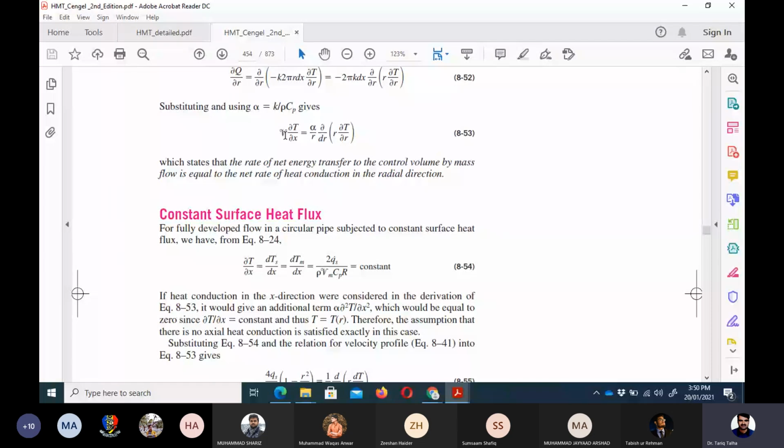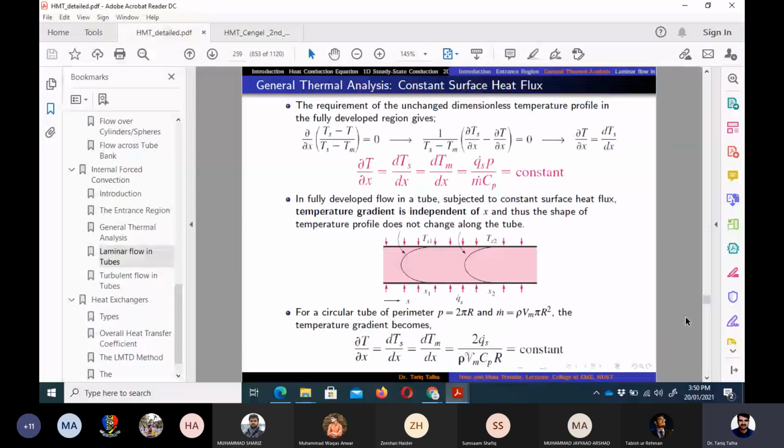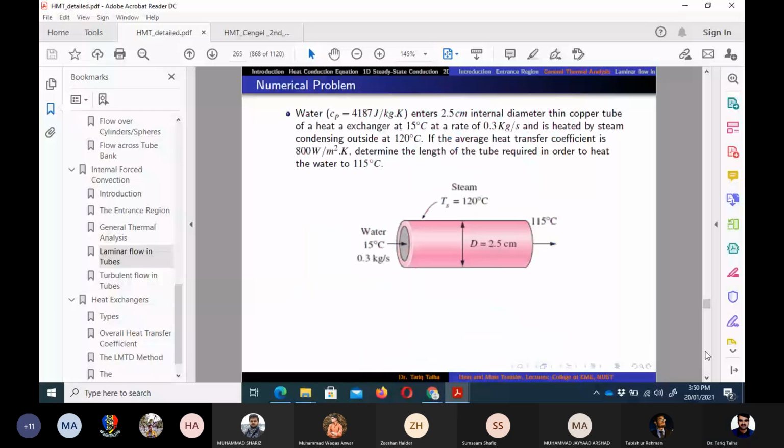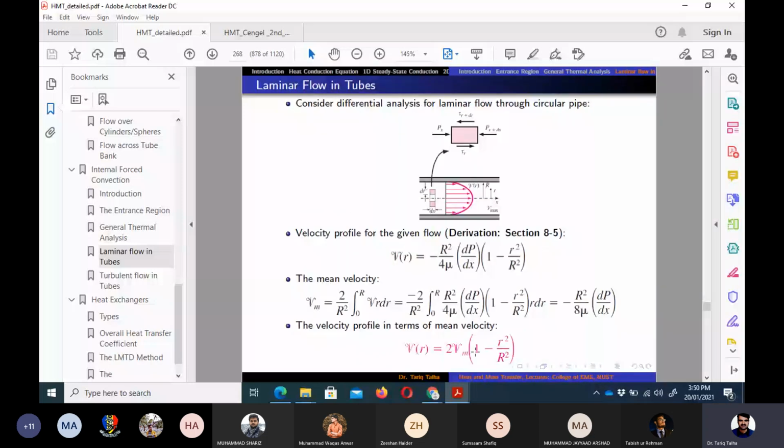For the Vr, we know the relation. What is the relation of Vr? We derived it in yesterday's class. Vr is equal to 2Vm into 1 minus r square upon capital R square.